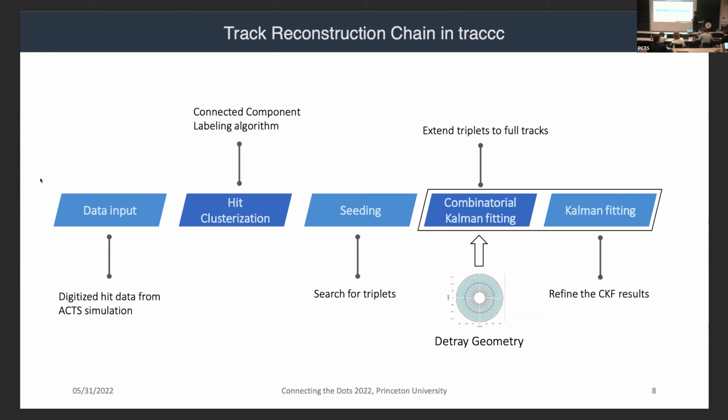Those triplets found are extended to full tracks using the combinatorial Kalman filtering, and then finally the full tracks are refined using the nominal Kalman filtering. And for this CKF and Kalman filtering process, we get the detray geometry as a tracking geometry input.